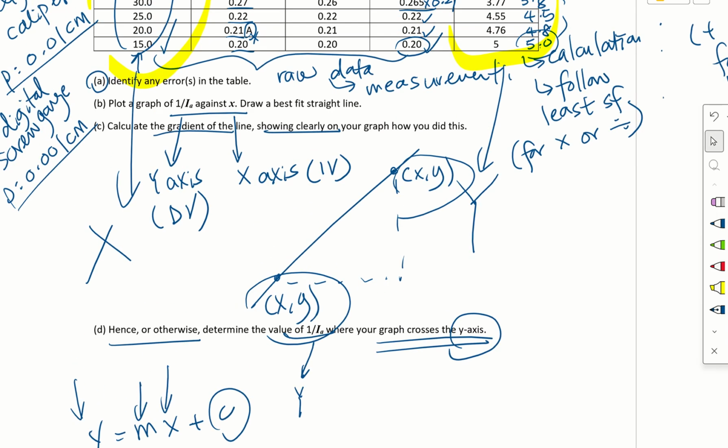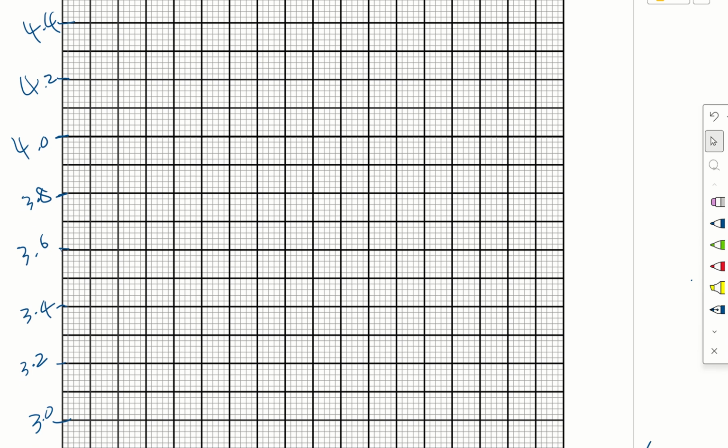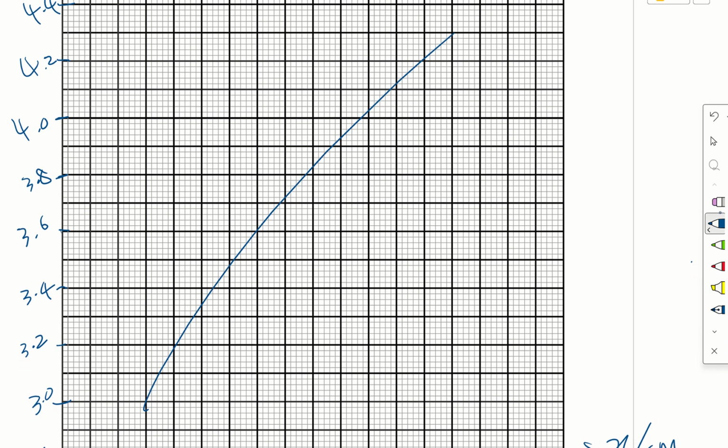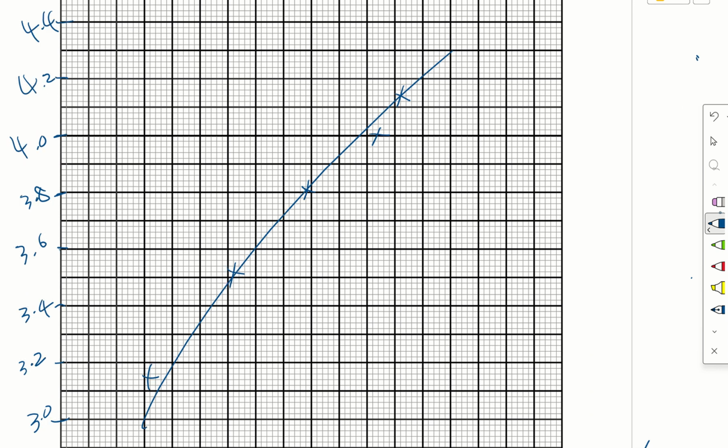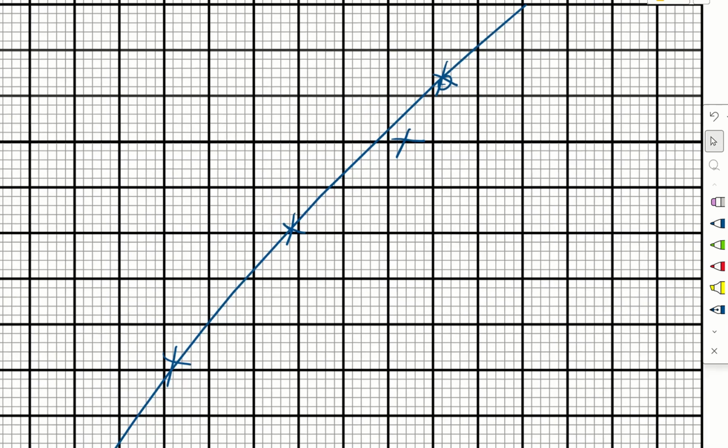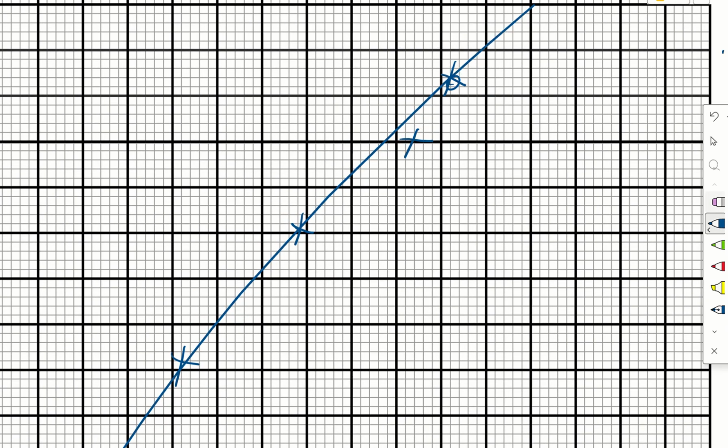Now, take note, if let's say you draw a best fit line, and let's say some points are here, right? Like that, like that. Okay, and you see that actually this point is either very near to the line or not. You can't really determine.